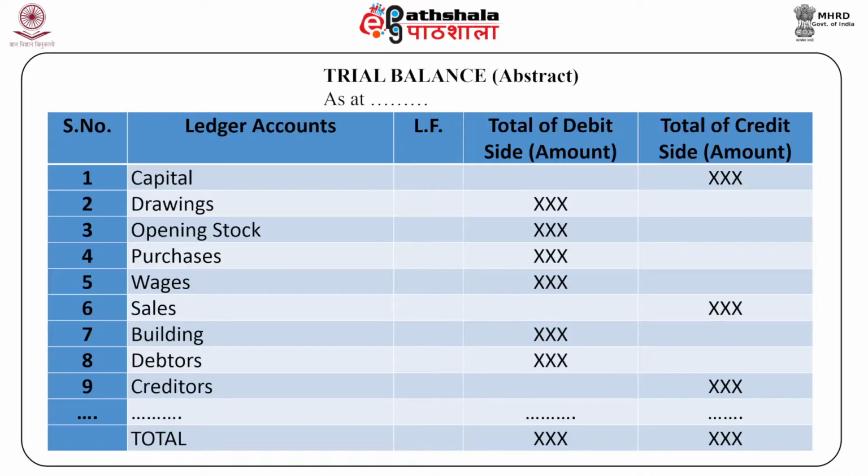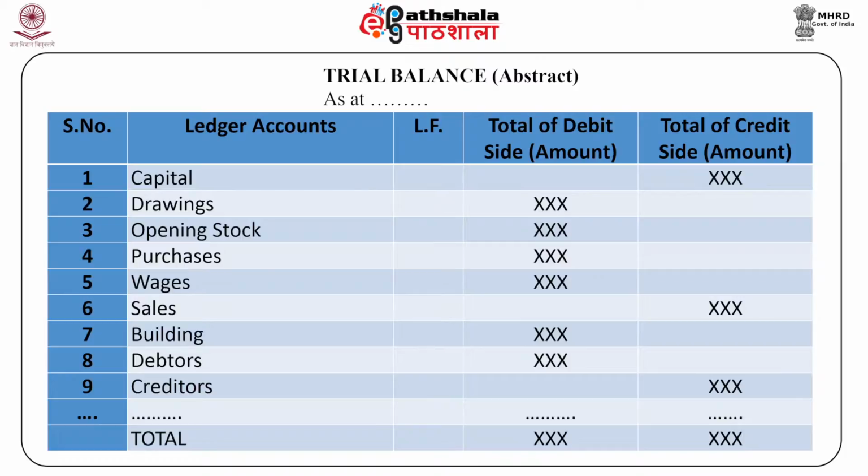Trial balance abstract as at so and so date. Serial number, ledger account, ledger folio, total of debit side amount, total of credit side amount.